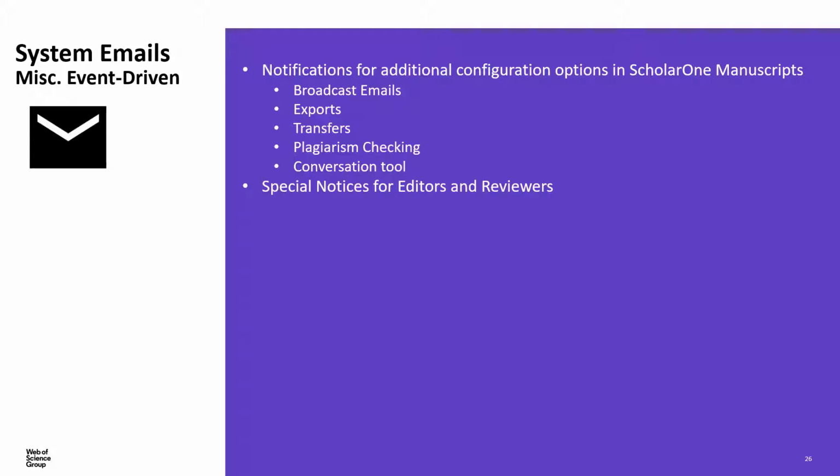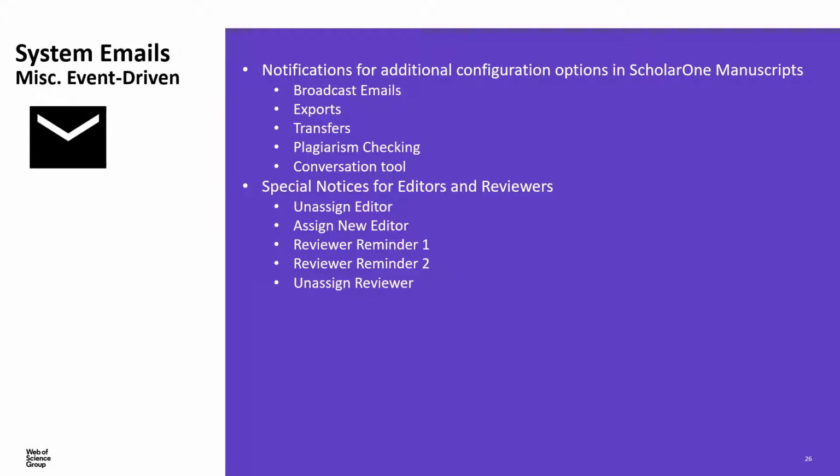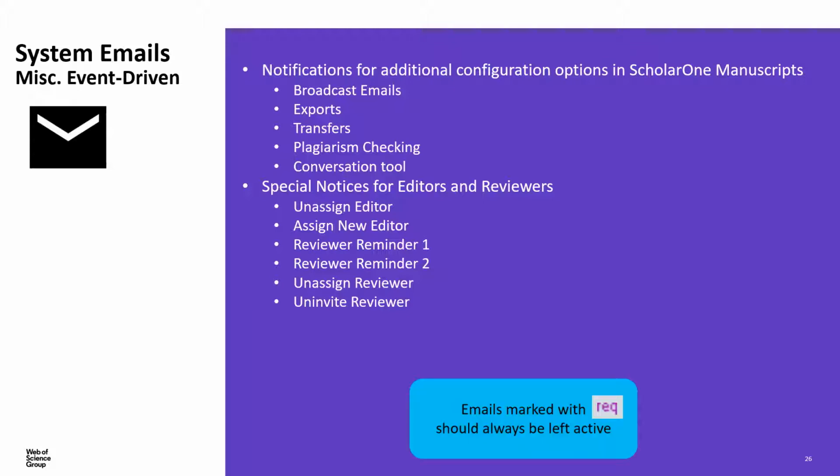Special notices for editors and reviewers are also located here. Unassign editor, assign new editor, reviewer reminder 1, reviewer reminder 2, unassign reviewer, and uninvite reviewer. Emails in this section marked with the red REQ should always be left active.